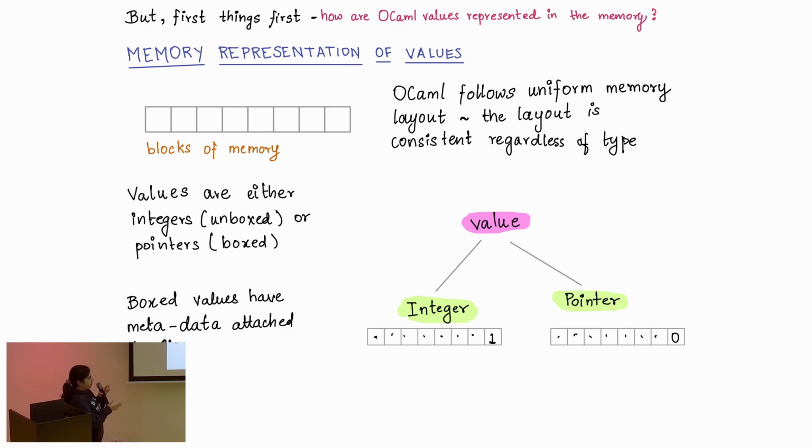So integers are immediate, as in they can be accessed directly. So that saves us a lot of time. Pointers are boxed values. They have some metadata attached to them. We'll see what it is soon. But just remember that we have a uniform memory layout, and values are either integers or pointers. So not too complicated, I hope.